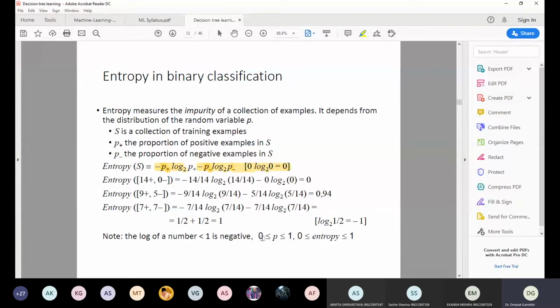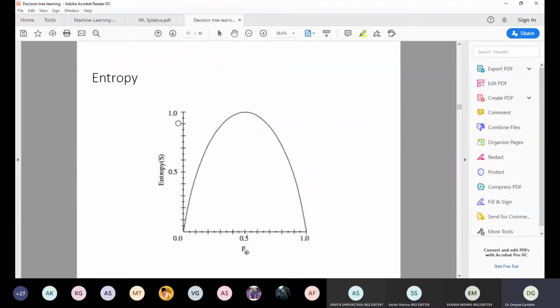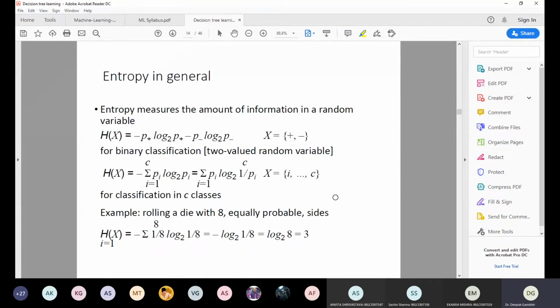In binary classification, we have studied that the probability is between 0 and 1 and the entropy is between 0 and 1. We also made this graph: at probability 0 the entropy is 0, at probability 1 the entropy is 0, but at probability 0.5 the entropy is maximum, 1. That is in the case of binary class classification. We are going to use this entropy to build the decision tree. Till this point we completed in the previous class.